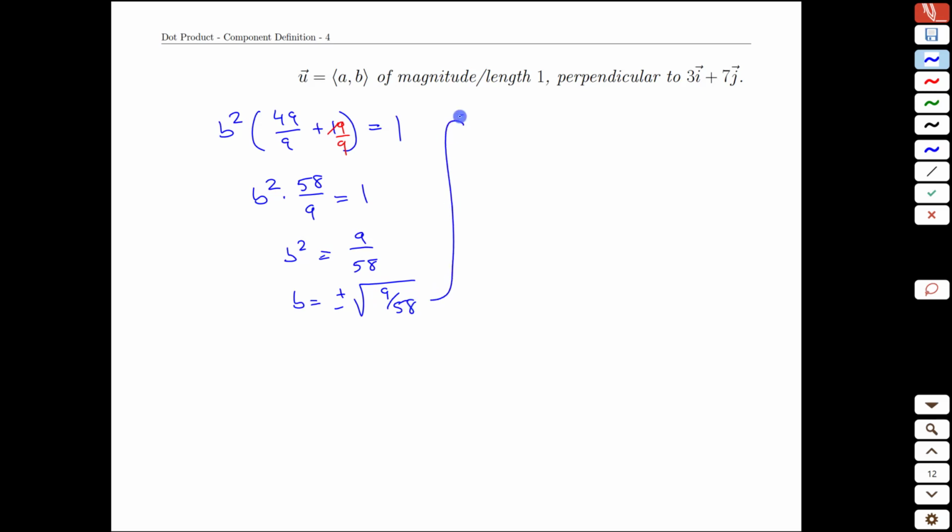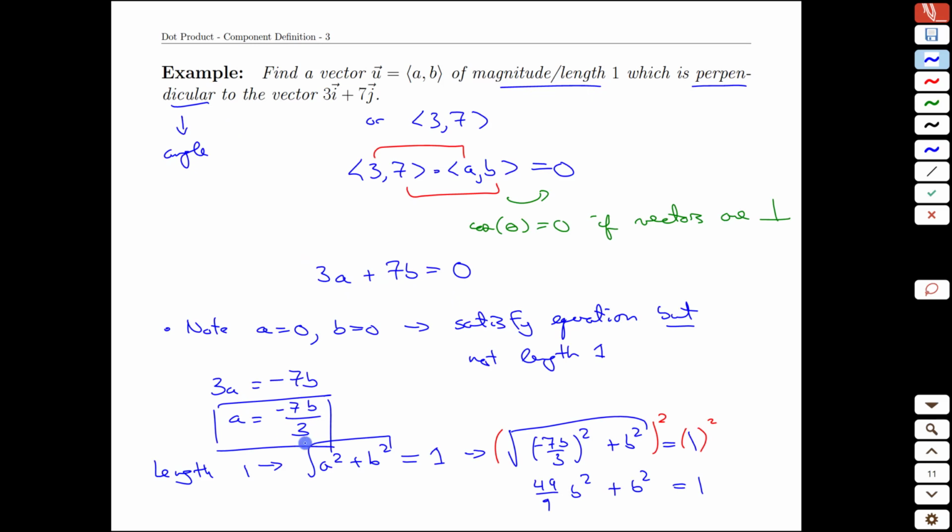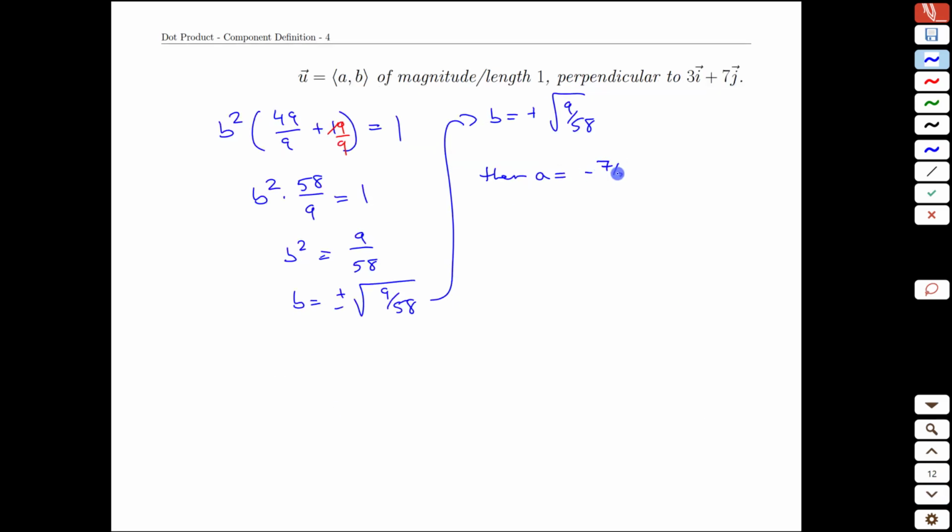All right, if we take the positive square root of 9 over 58, then the a value that matches that is going to be, going back a page, the a value, once we have b, is negative 7/3 of that, negative 7/3 of our square root of 9 over 58. Does that make any sense? Well, let's draw a quick picture.